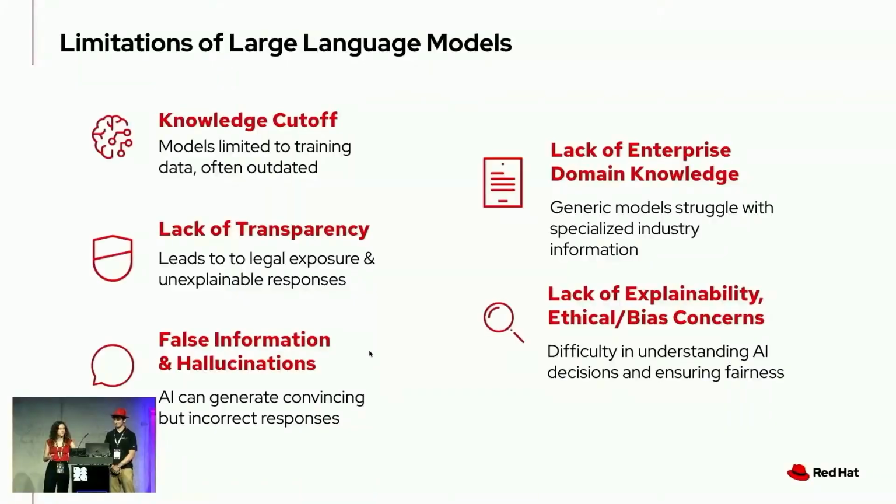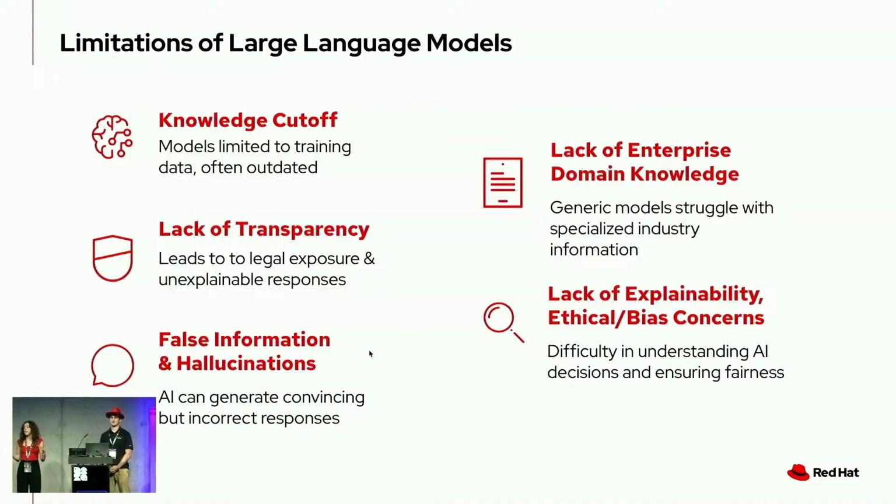So all of those examples I just went over kind of boil down to 5 categories of the limitations of large language models. 1, knowledge cutoff. We saw that with the Euro Cup example a second ago. The training data can be outdated. 2, a lack of transparency, and this can lead to legal exposures and unexplainable biases, and then false information and hallucinations, right?